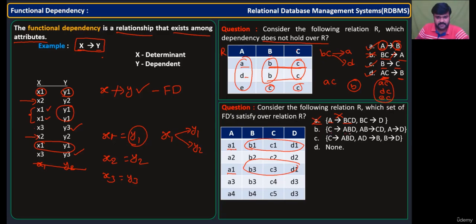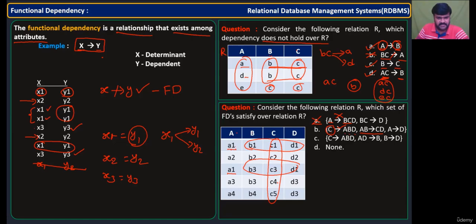C derives ABD. You see LHS part C: C1, C2, C3, C4, C5. All of them are distinct. That is a very important thing. Since all of them are distinct on the LHS part, this is a valid FD, because whether the RHS is repeated or different, we don't bother. Now the other FD, AB derives CD.